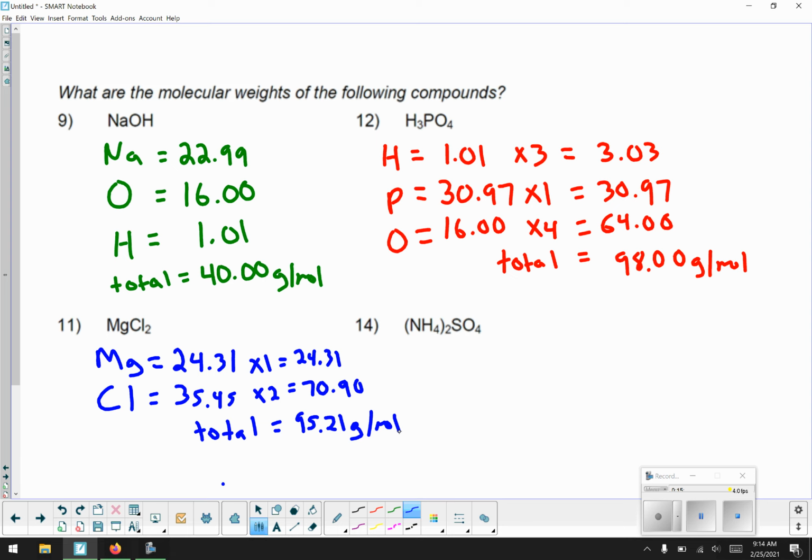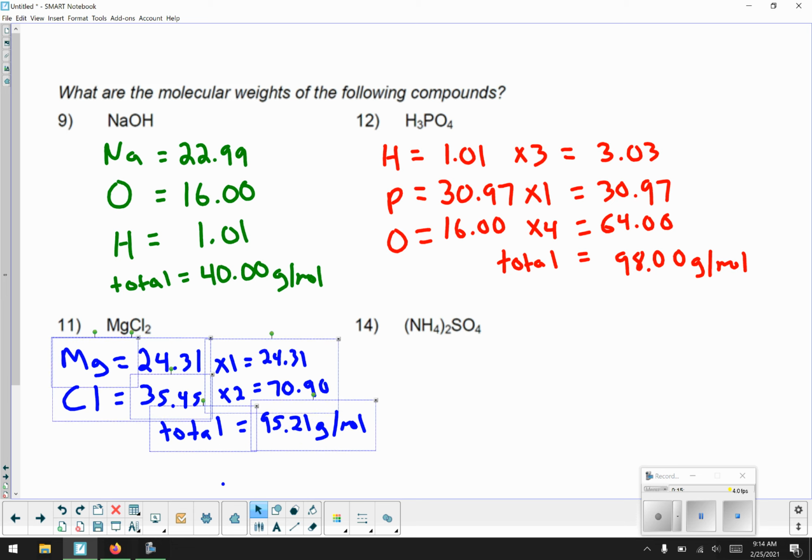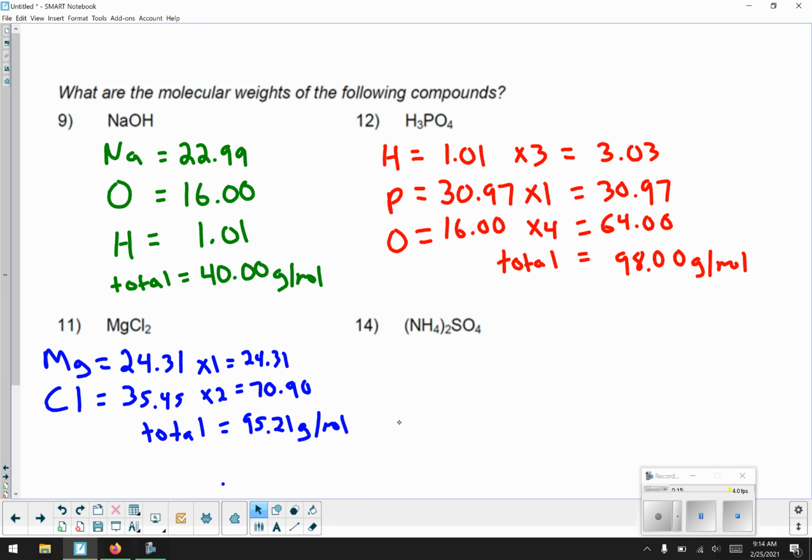So finally, we have a bit of a tricky one. Move all this over. There we go. So, this is ammonium sulfate. Ammonium is the only positive polyatomic ion. Sulfate's a negative polyatomic ion. So this is an ionic compound, and as far as we're concerned, it has 4 different elements.